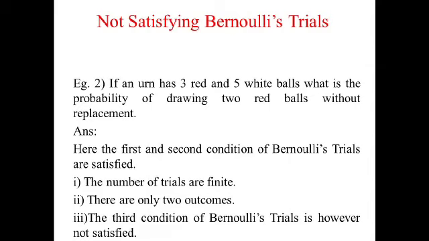So if you notice, the first two conditions of Bernoulli's trials are satisfied. That is, the number of trials is finite. There are only 2 draws, so it's countable. Also, there are only 2 outcomes, that is, either you draw a red ball or a white ball. However, the third condition is not satisfied.